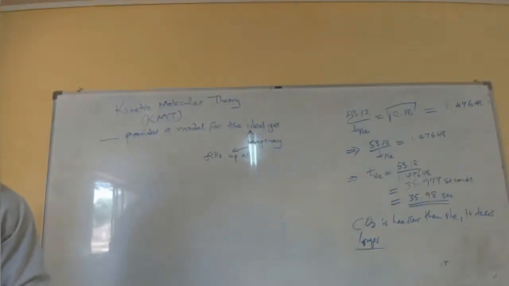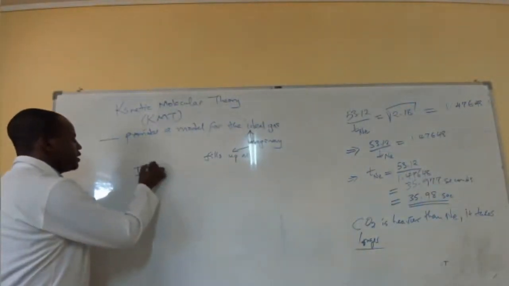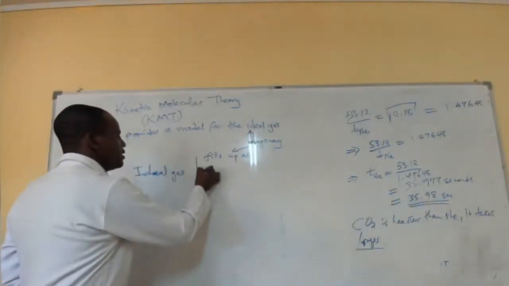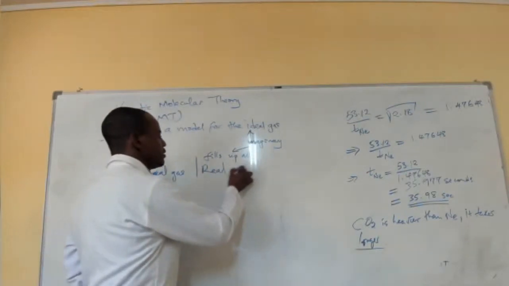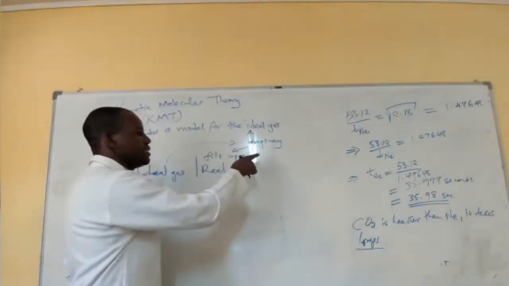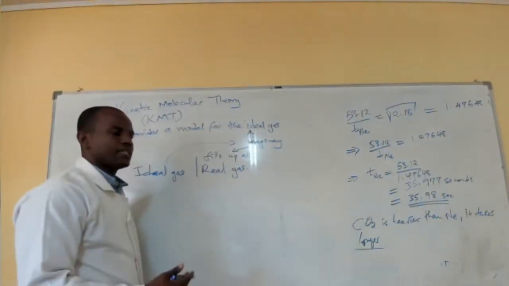And then you also have to know the differences between an ideal gas and a real gas. An ideal gas, remember we have said, is an imaginary gas. A real gas is a real gas, like carbon dioxide and so on.